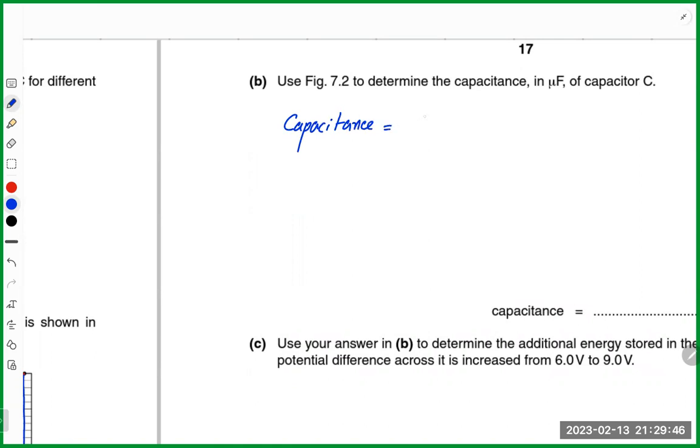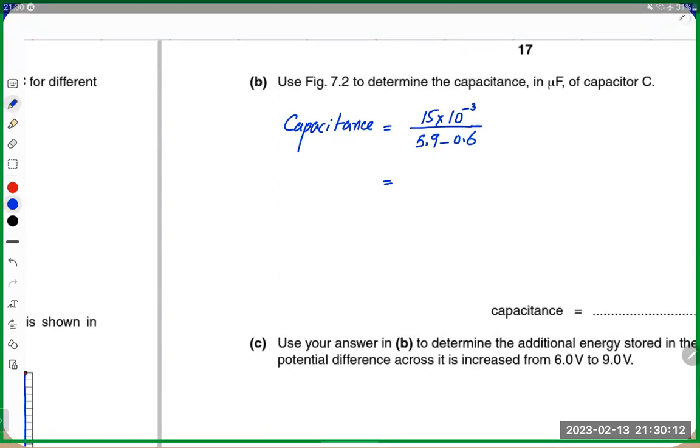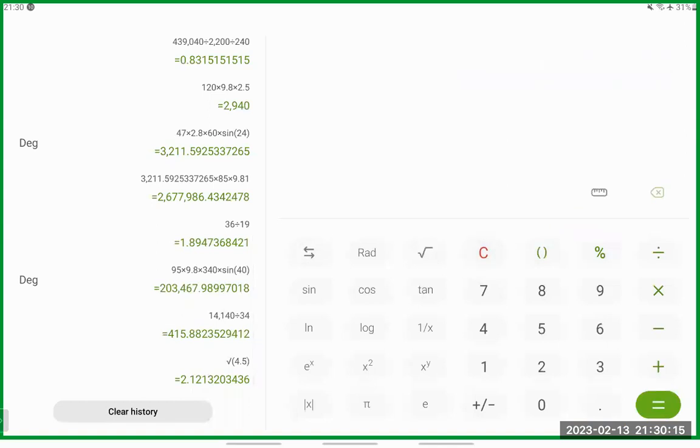capacitance equals 15 into 10 to the power minus 3 divided by 5.3. Actually, it is 5.9 minus 0.6. So what will be the value? 0.015 divided by 5.3.